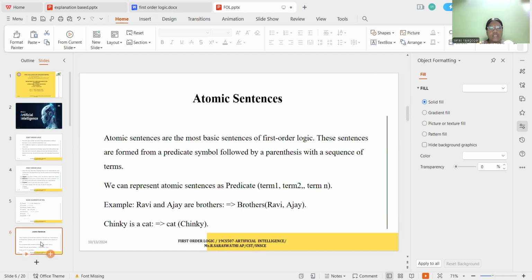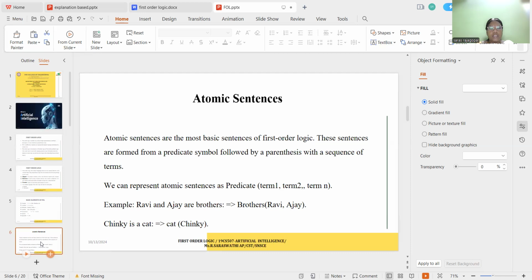Atomic sentences. Atomic sentences are the most basic sentences of first order logic. They can be represented by using a predicate symbol followed by parentheses containing a sequence of terms. We can represent atomic sentences as predicate of term 1, term 2, up to term n.